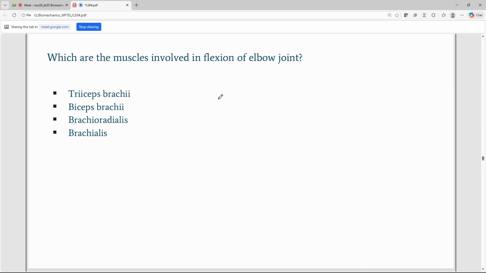Next question, which are the muscles involved in the flexion of the elbow joint? Options are first option triceps brachii, biceps brachii, brachioradialis, brachialis.